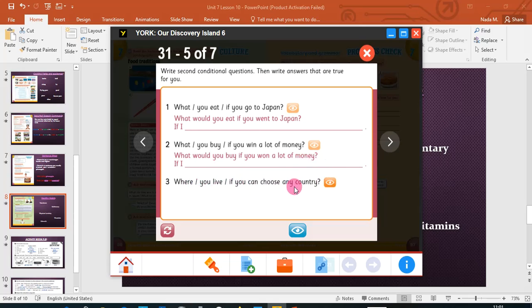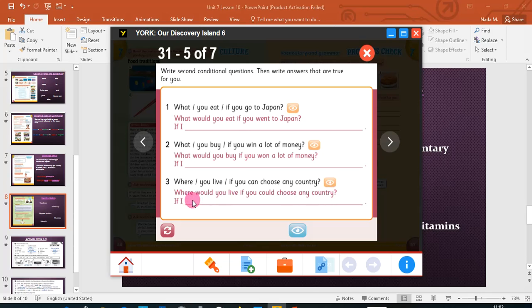Where you live, if you can choose any country? Again, after the WH question, we will put would. Where would you live? After would, it's always the base form, the first verb. Where would you live if you could choose any country? Now after if, we change the verb to the past.